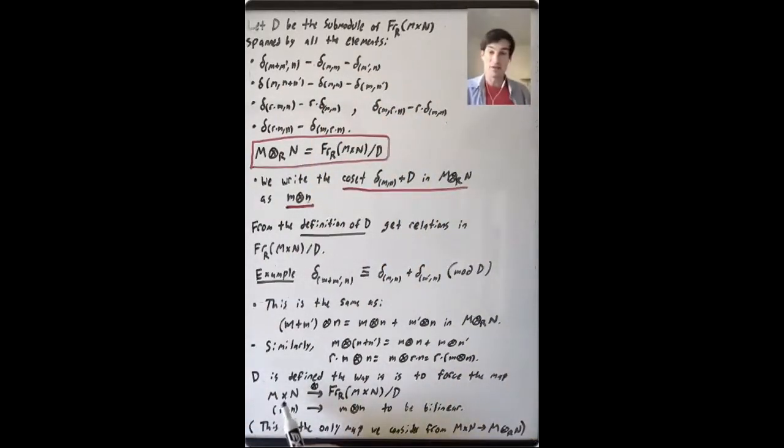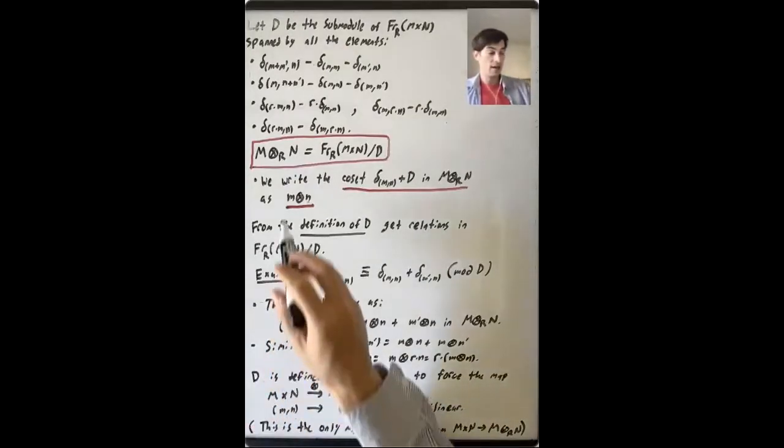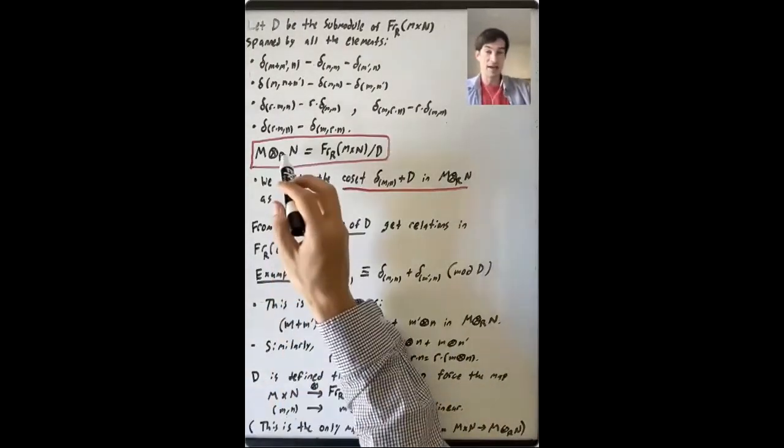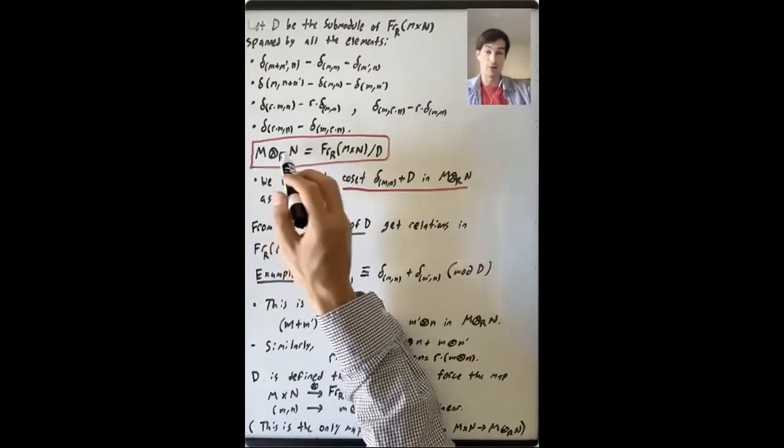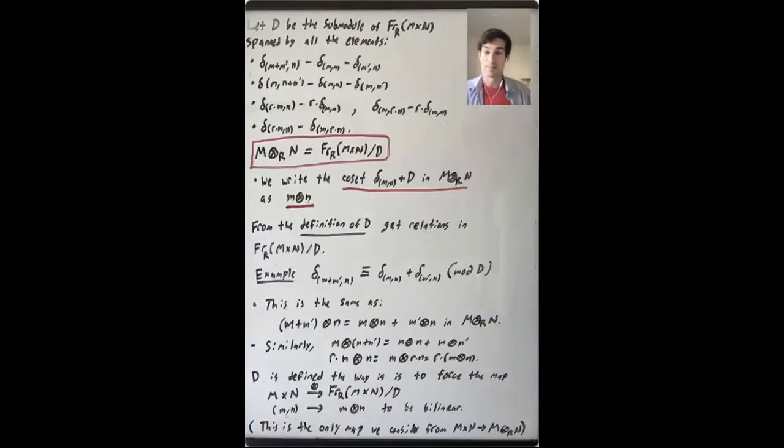And we have this very nice bilinear map from M × N to M ⊗ N. To show that this satisfies the definition of a tensor product, we now need a correspondence between bilinear maps from M × N to some R-module P and R-module homomorphisms from the tensor product to that same P.